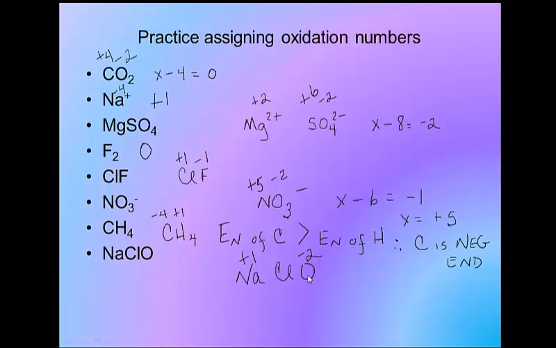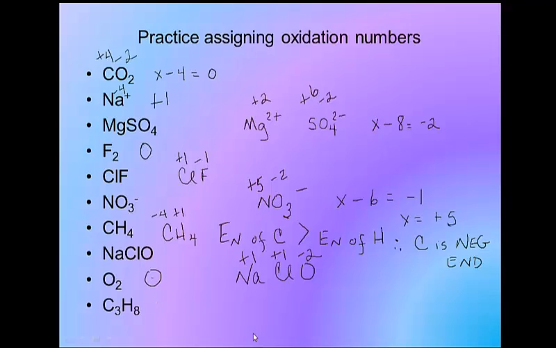Oxygens are -2 unless it's a peroxide. That leaves chlorine to be a +1, and if I add up all the oxidation states, I get a 0, which I should because it's a compound. Elemental oxygen, nice and simple, 0.